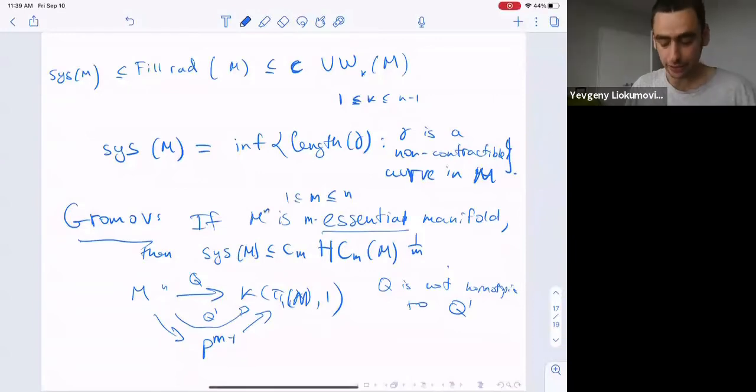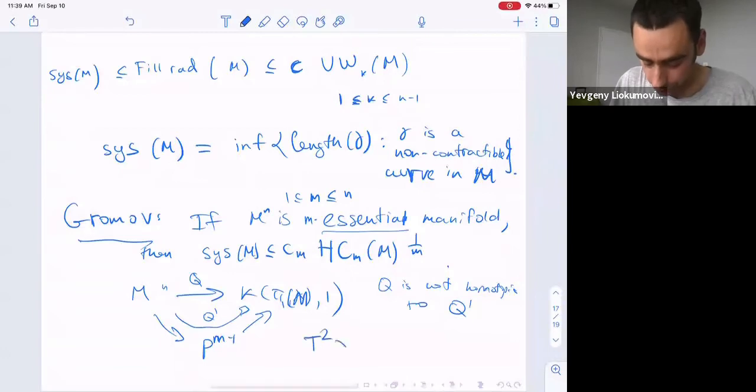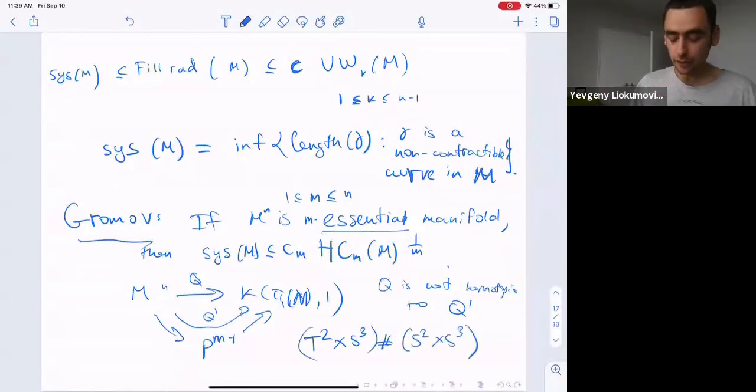It's an n-dimensional manifold. So for example, a manifold like a 2-torus cross S3 connected sum with S2 cross S3. This manifold is not essential in Gromov's sense, but it is 2-essential in our sense. And so for such manifolds, we obtain an inequality in terms of the two-dimensional Hausdorff content of this manifold on the length of the systole.